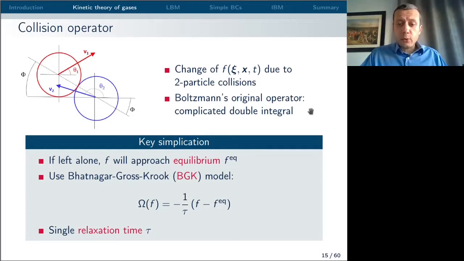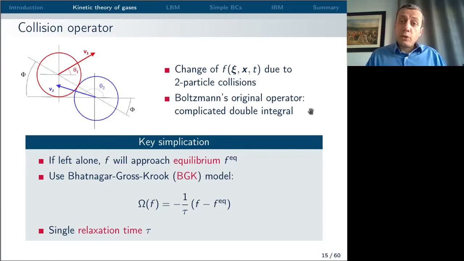What we can do, we can make a case and say, well, if we have many collisions happening, then in principle we will get some kind of an equilibrium state after some time. So if you have a distribution of molecules in velocity space and you let them collide over some time, and you have many of these molecules, then after some time you will get an equilibrium distribution f. This is called f^eq, for f equilibrium.